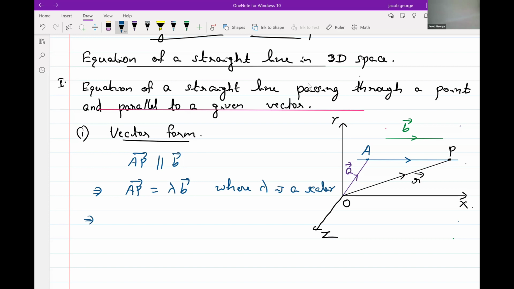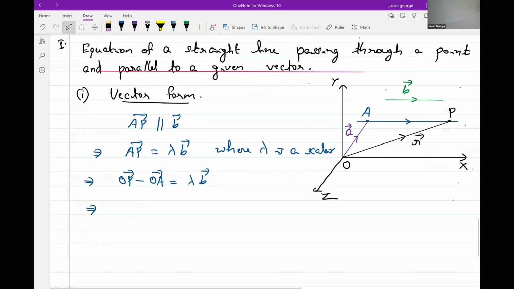Now, how can we write vector AP in terms of position vectors? Position vector of the second point minus position vector of the first point. So vector OP minus vector OA is equal to lambda times vector B. Now, what is vector OP?